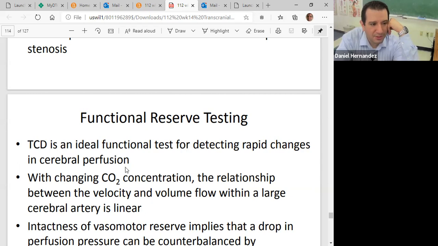With changes in CO2 concentration, the relationship between the velocity and volume within a large cerebral artery is linear. So there's a direct correlation between CO2 concentrations and the velocity and flow volume within a large cerebral artery.